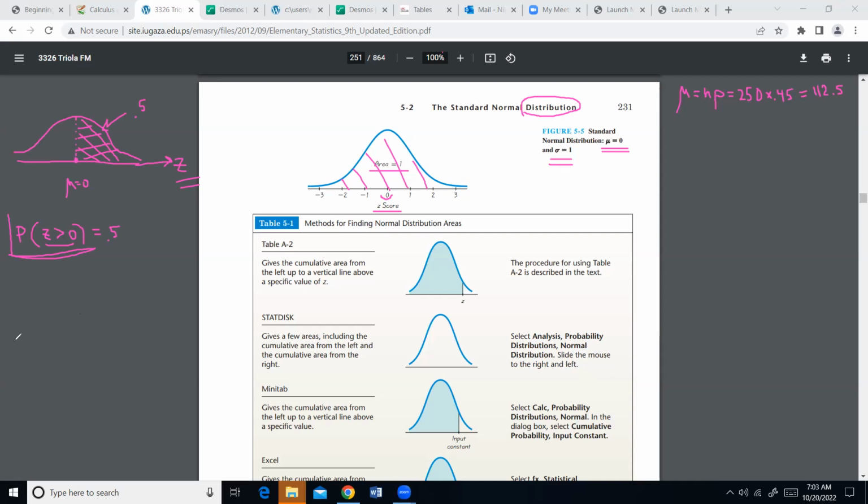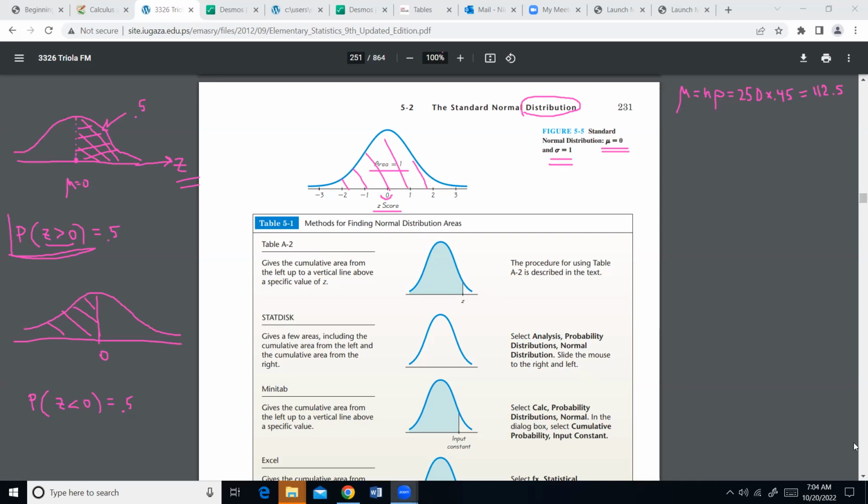And analogously, if you look at the other side, from 0 to the left, since the whole area is 1, then the area for values of z smaller than 0, which is the same as probability, is also going to be 0.5. So we've got another side of the same picture.